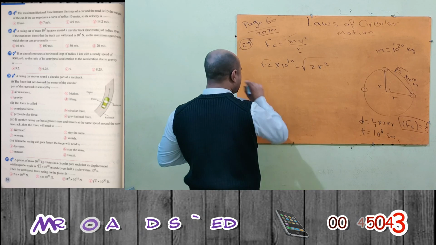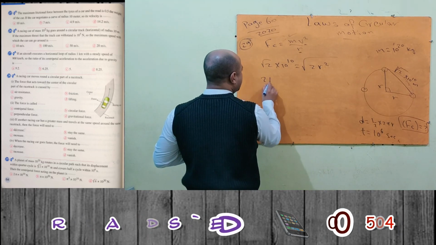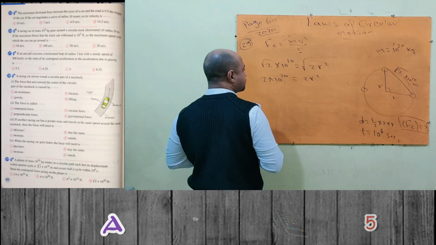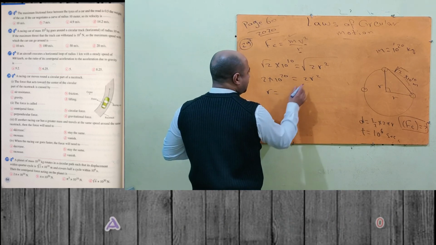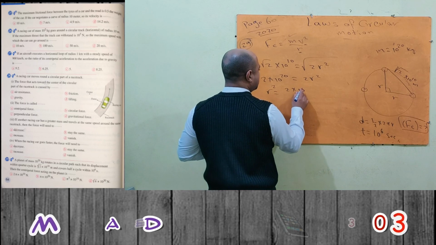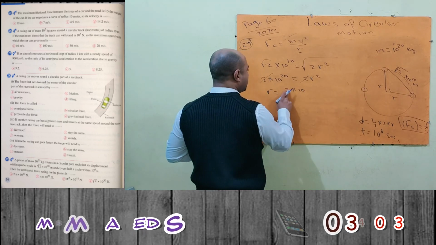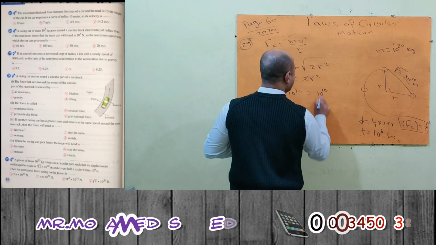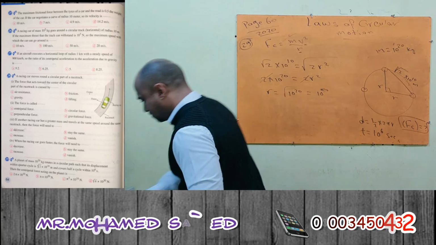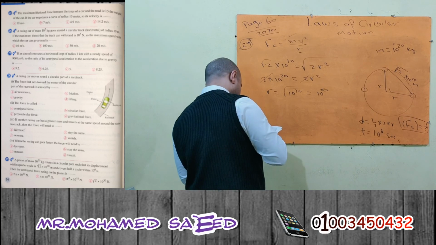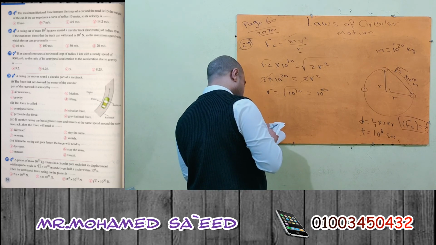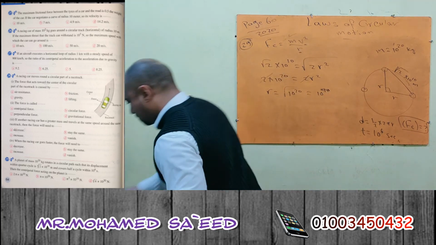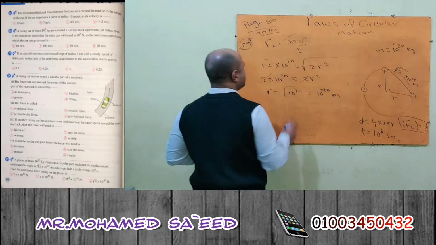So 2 times 10 to the power 20 equals 2r squared. We can cancel 2 with 2, so r squared equals 10 to the power 20, and r equals the square root, 10 to the power 10 meters. Now we have the radius, 10 to the power 10.